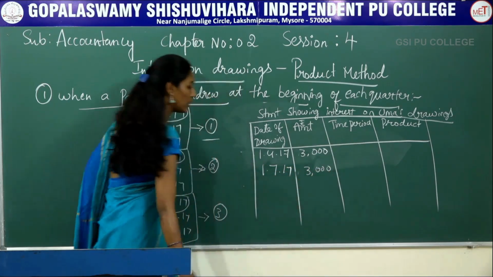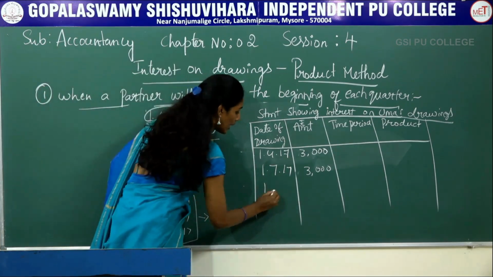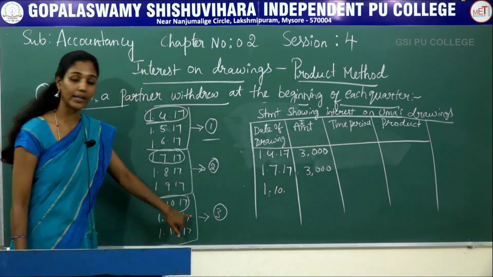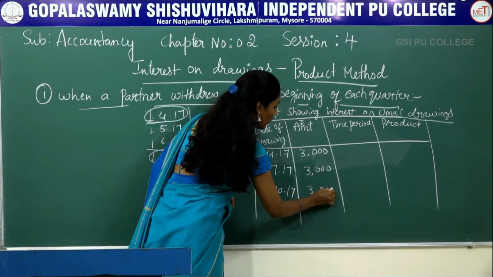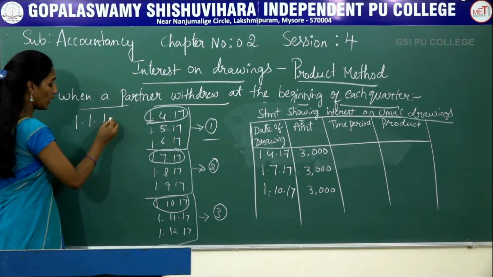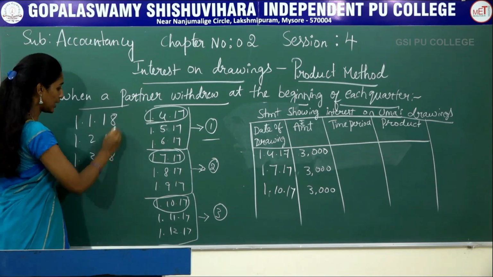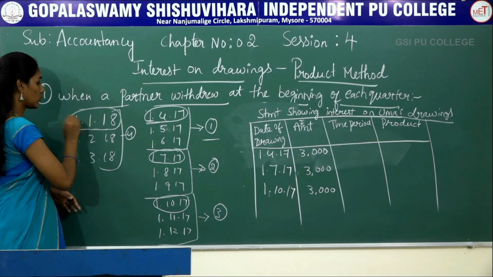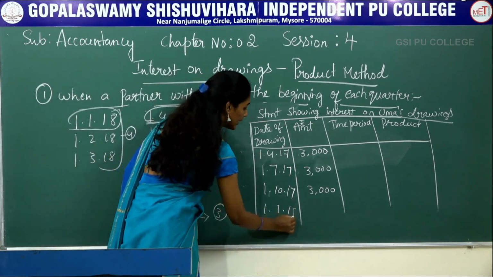Again she has withdrawn rupees 3,000. In the third quarter, the date of drawings will be 1/10/2017, same amount, 3,000. The next, 1/1/2018, 1/2/2018, 1/3/2018. This is the fourth quarter. In the fourth quarter, she has withdrawn in the first month, that is 1/1/2018.